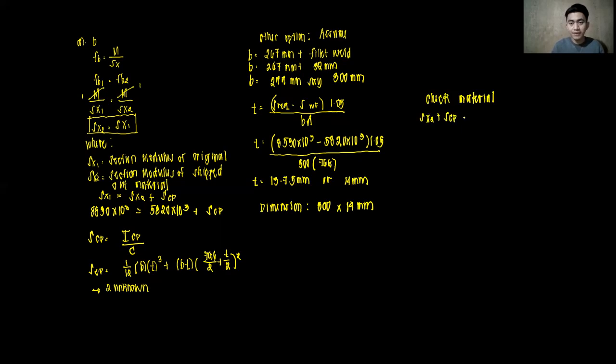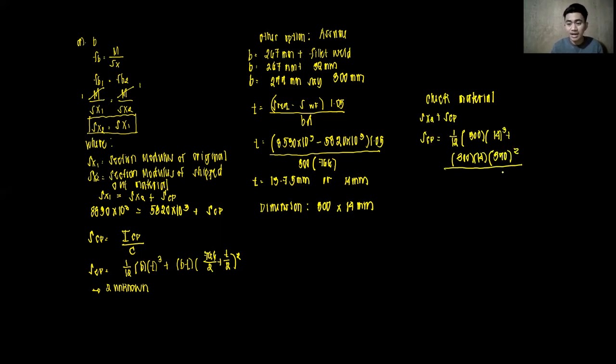I will get first the value of SCP. That is 1 all over 12 times base, which is 300, times height, which is 14, raised to 3, plus the area, 300 times 14, times the depth, which is 766 divided by 2 plus thickness 14 divided by 2, that is 390, squared.